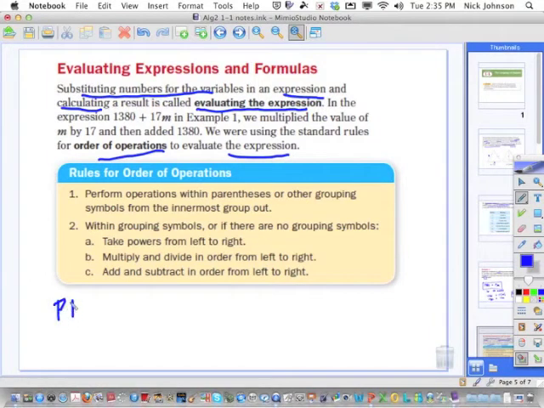Please excuse my dear Aunt Sally. Parentheses, exponents, multiplication and division from left to right, and addition and subtraction from left to right. You should have heard this plenty of times before.